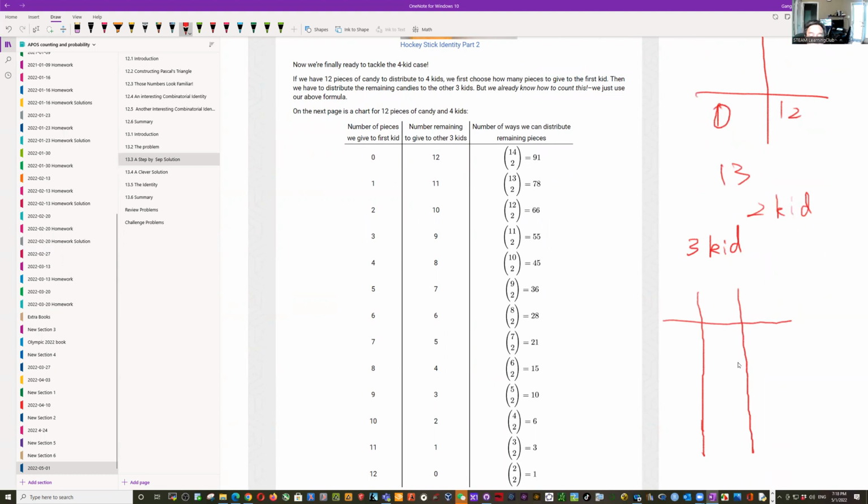Because if there are kids 1, 2, 3, and I give 0 pieces of candy to the first kid, then for kids 2 and 3, it's a 12 candy problem.